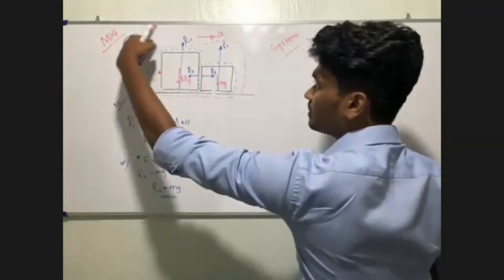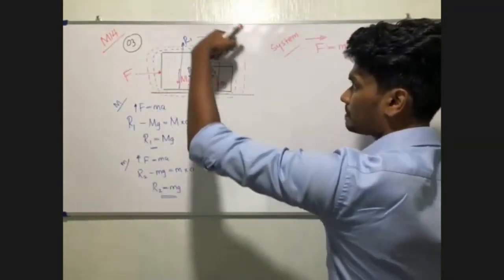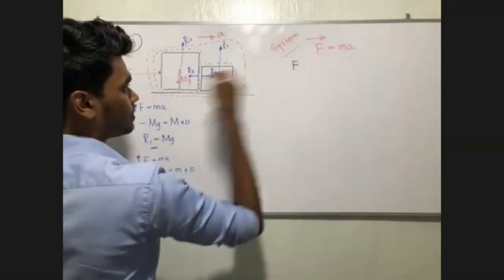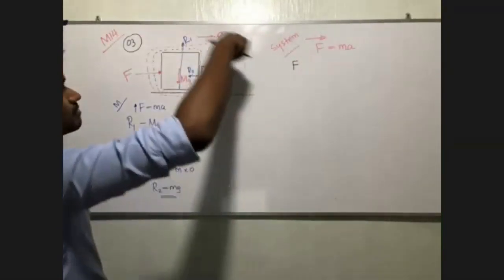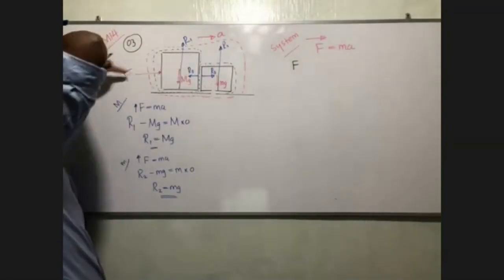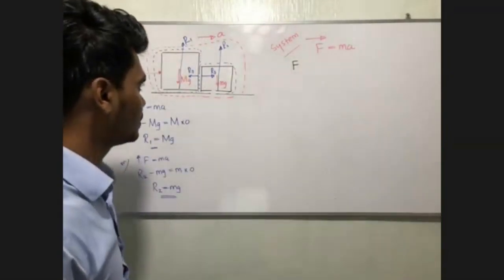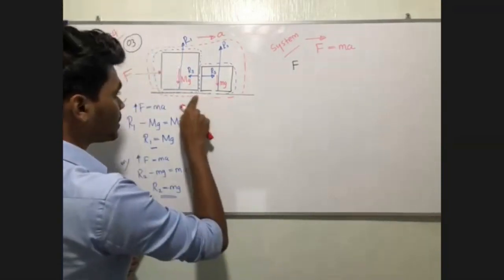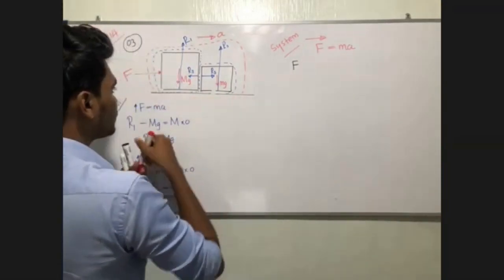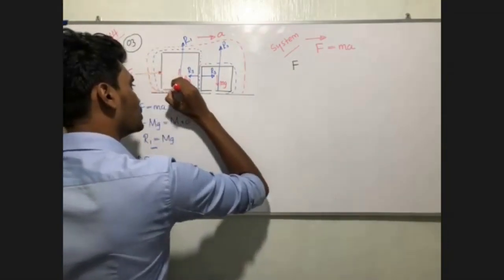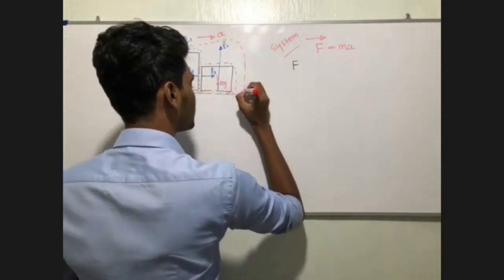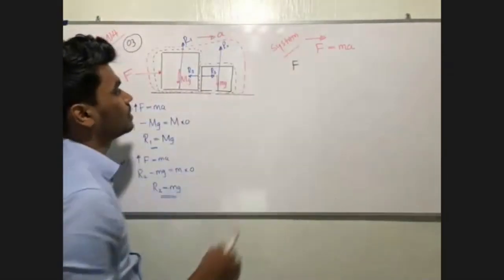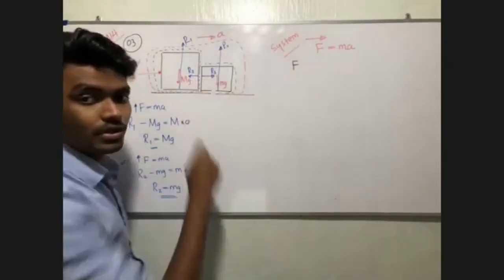When we consider the complete system, what is the horizontal force? Capital F. On the complete system, we are supplying a force capital F. When you consider the system, the ground is not going to come in. But R3 is also going to come, right?